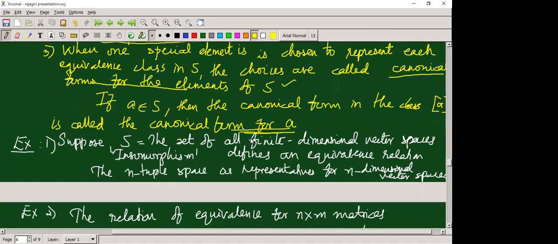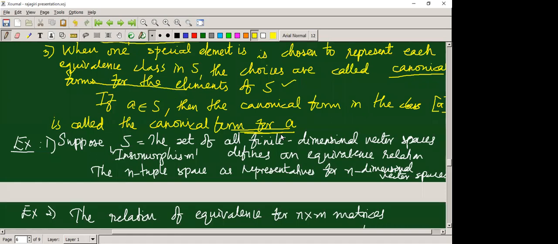For example, the first case I have already discussed: if you take the equivalence relation on the collection of all finite dimensional vector spaces, we have seen that using only one criterion we can represent equivalence classes, and that simple criterion is dimension.